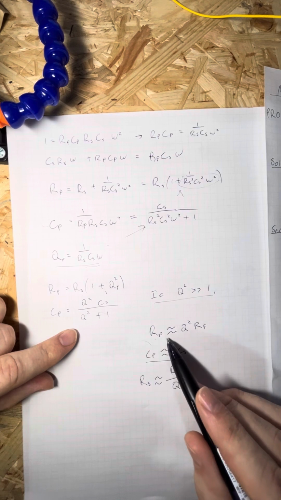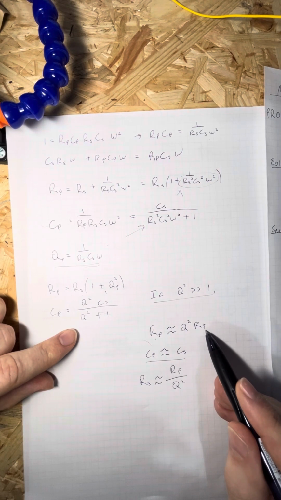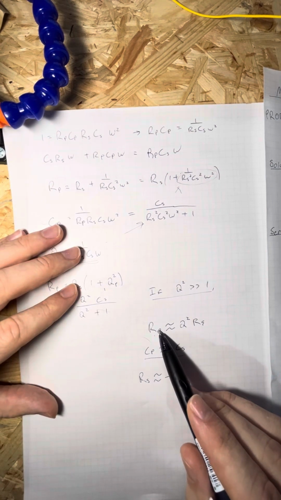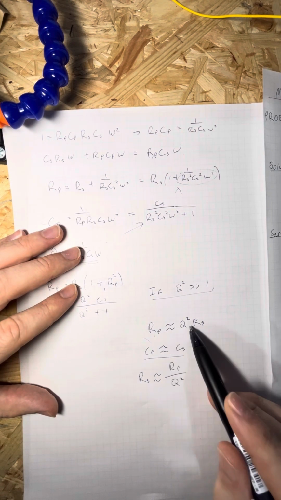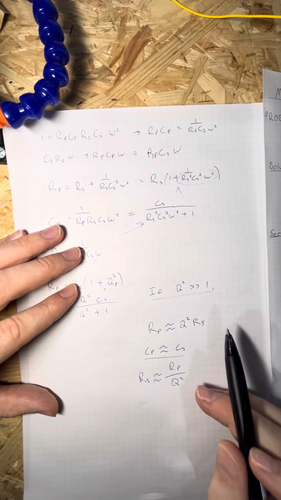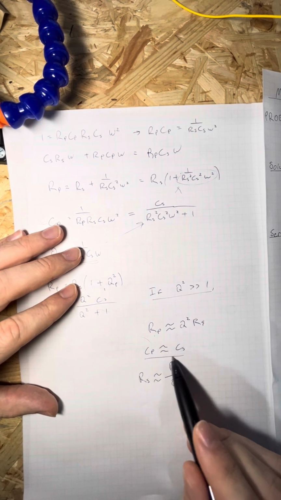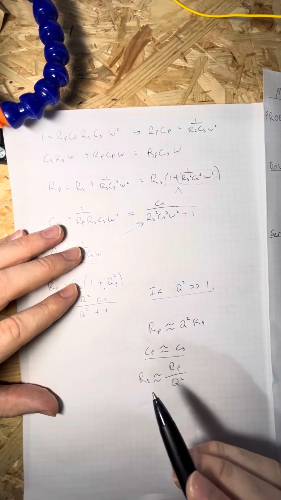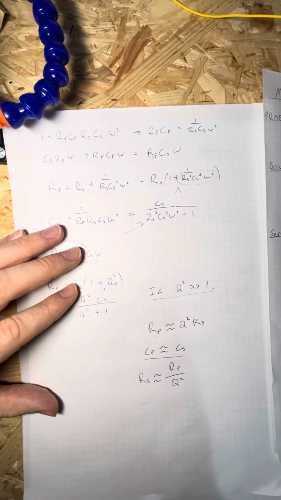Taking a resistance in series and changing the way we look at it to see it in parallel, the value of the resistor in parallel is going to be equal to the quality factor squared times the resistance in series. And our capacitor, seen in parallel, is going to be roughly equivalent to the capacitor seen in series.